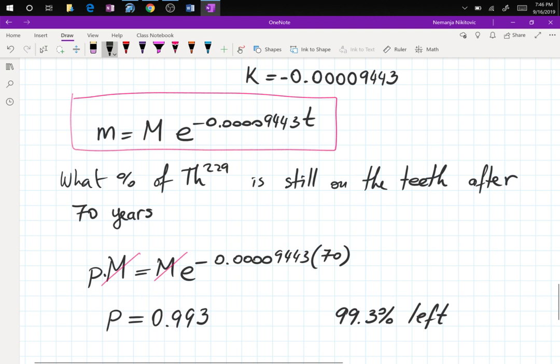Anyway, so when we have the mathematical model, can I do the limit? Yeah. If I send time to infinity for the exponential model, what am I going to get? 0. So my question to you is, when will the thorium go away?